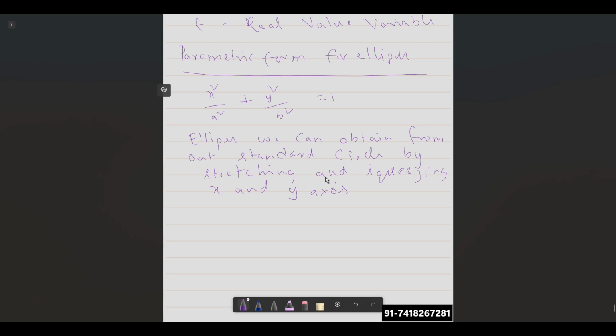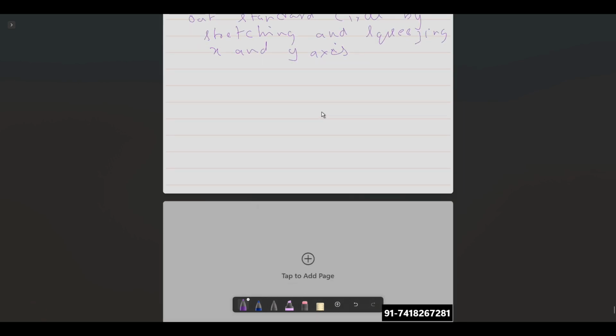Okay, so how does it happen? Suppose you take a circle, if you have a circle like this, and you squash this direction, you'll get like this.